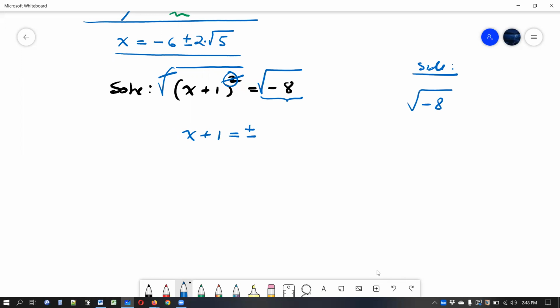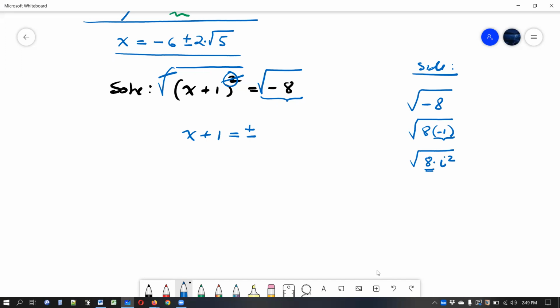And I need to know how to simplify this. And we covered this in section 7.7, topic 7.7, that this needs to be rewritten as 8 times minus 1. And from complex numbers, I know that the minus 1 gets rewritten as i squared.